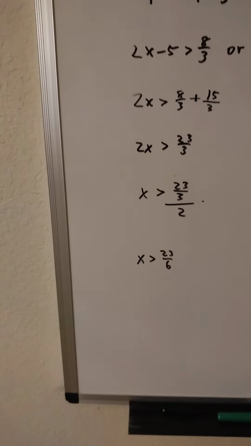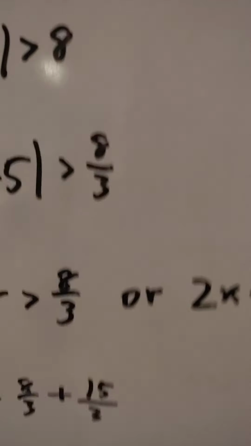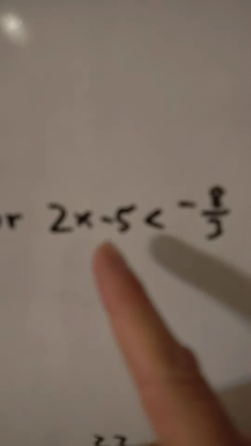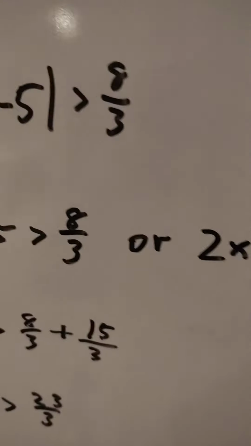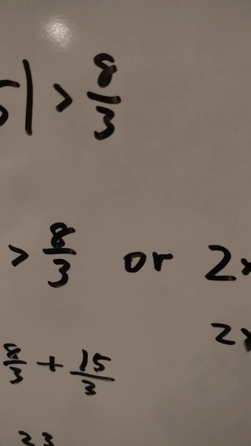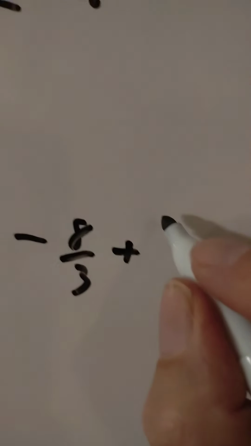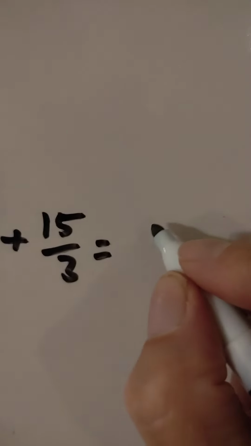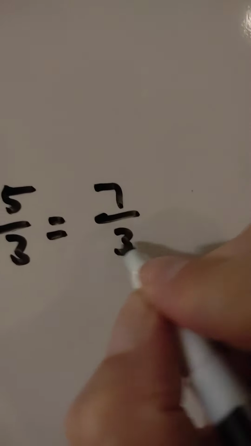And then what's the other answer going to be? Let's go back to here, or that one. So then we want to solve this one for x. So add 5 to both sides. So that gives me 2x is less than, what's a negative 8 thirds plus 5? Again, I'm going to call 5 15 thirds, so I get that common denominator. And doesn't that equal 7 thirds?